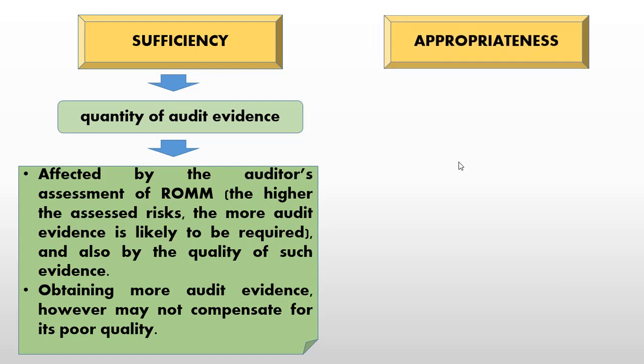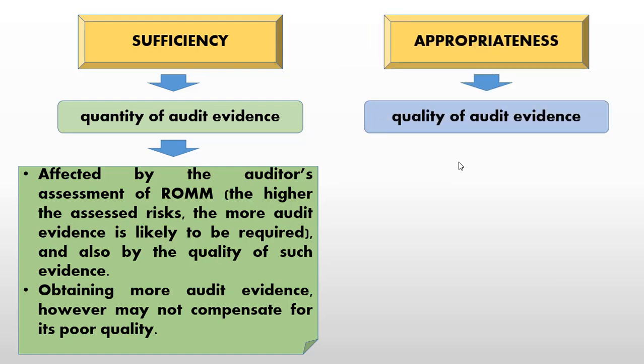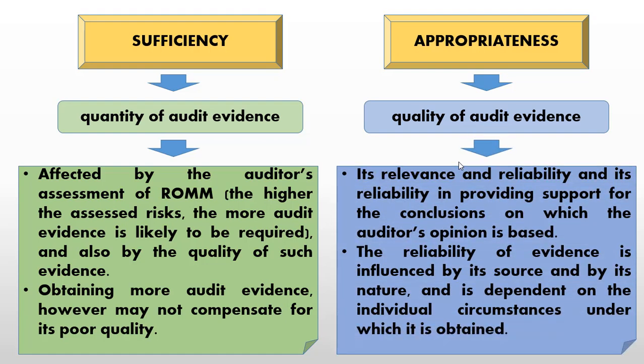We also have to consider the appropriateness of evidence, or the quality of audit evidence. Its relevance and reliability in providing support for the conclusions on which the auditor's opinion is based. The reliability of evidence is influenced by its source and its nature, and is dependent on the individual circumstances under which it is obtained.